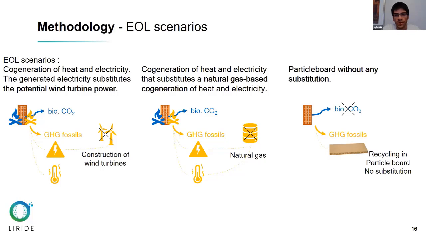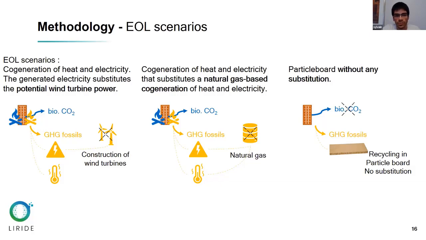So in the second end of life scenario, there is the avoidance of natural gas, and in the last end of life scenario, it is the recycling of the structures to make particle board. So in this case, there is no biogenic emission at the end of life.